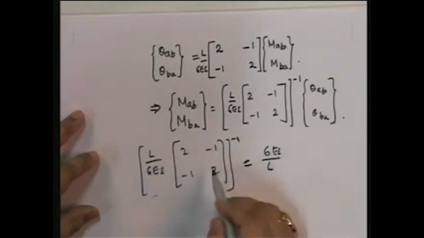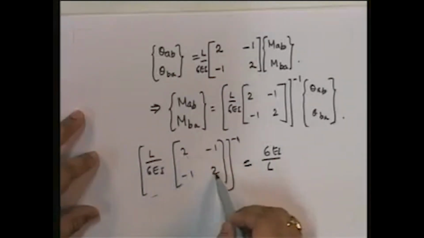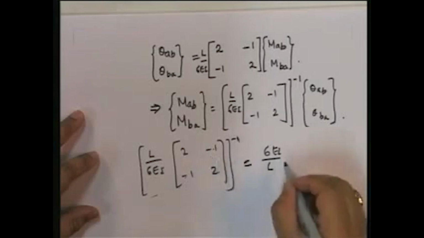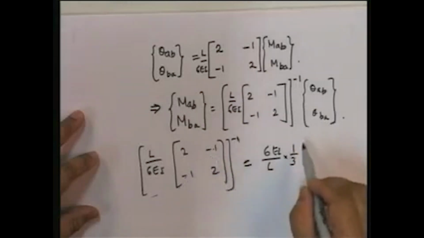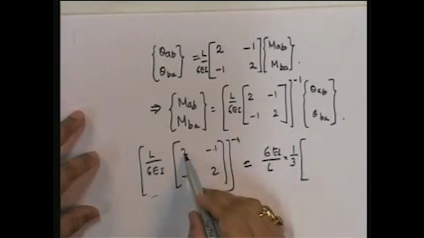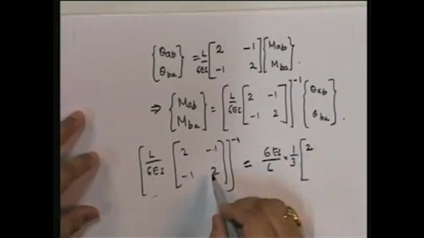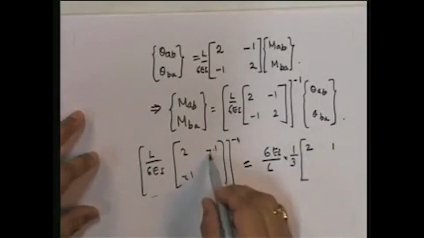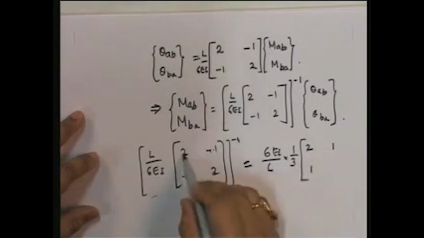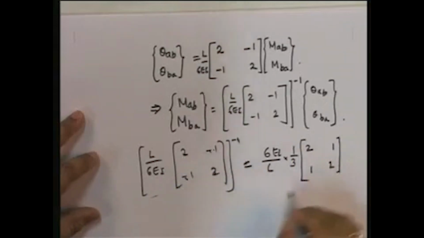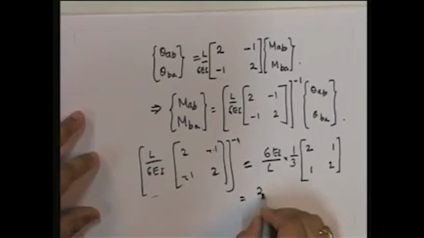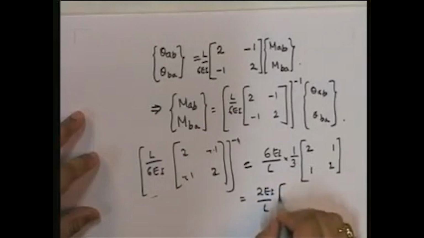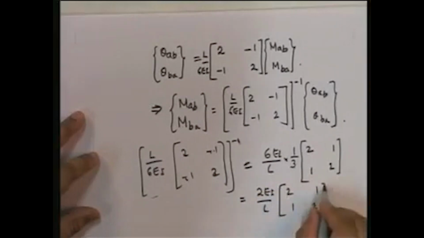And then the inverse of a matrix, you have to find out the determinant. It's 1 upon determinant. So the determinant is 2 into 2, 4, minus minus 1 into minus 1, which is 1. So this is 3. So it is equal to 1 upon 3 multiplied by the cofactors: the cofactor of this is this, the cofactor of this is minus of this, and so on. So this becomes equal to 2 EI upon L times the matrix 2, 1, 1, 2.